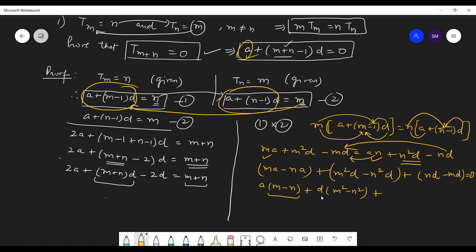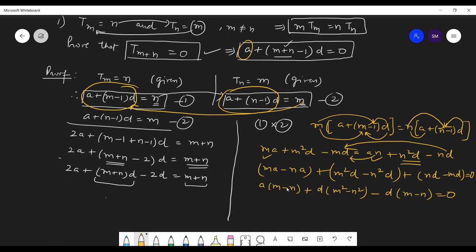So m minus n is here. Here also I have m minus n into m plus n. So for here also I want m minus n. So what I will do, I will take negative common. So minus d I will take common. So I will get m minus n.